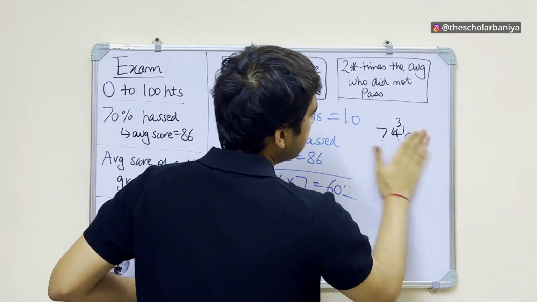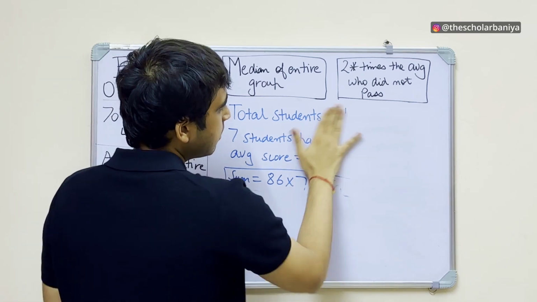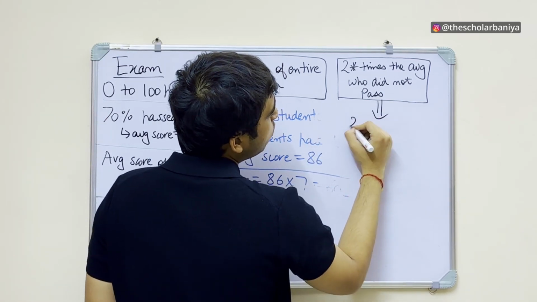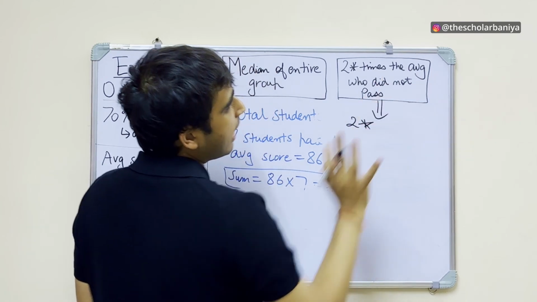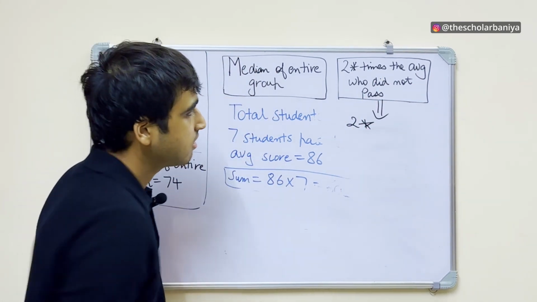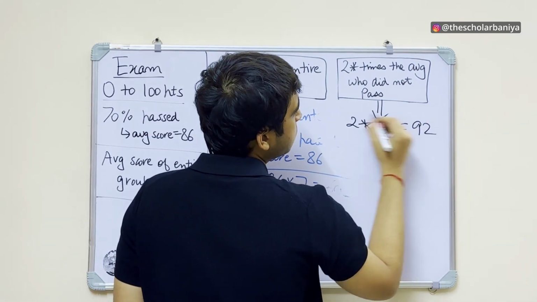So now we have got this result. We can say that this becomes 2 times the average score of those who did not pass. The average score of those who did not pass was 46, so 2 times 46 is 92.